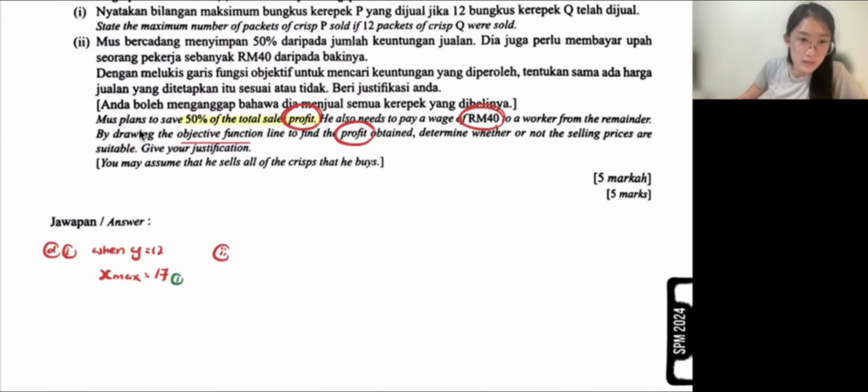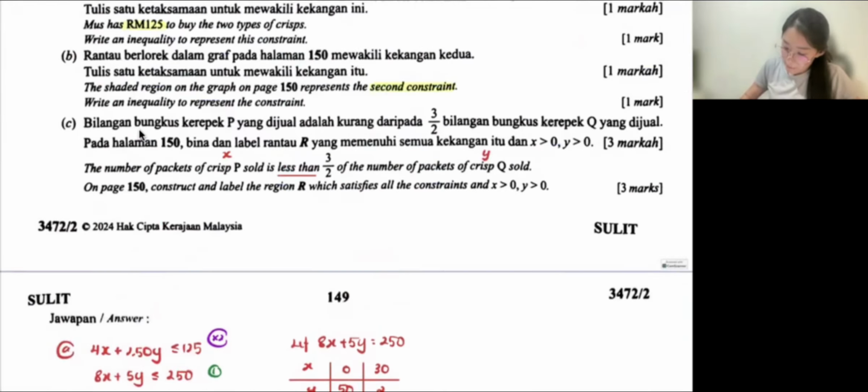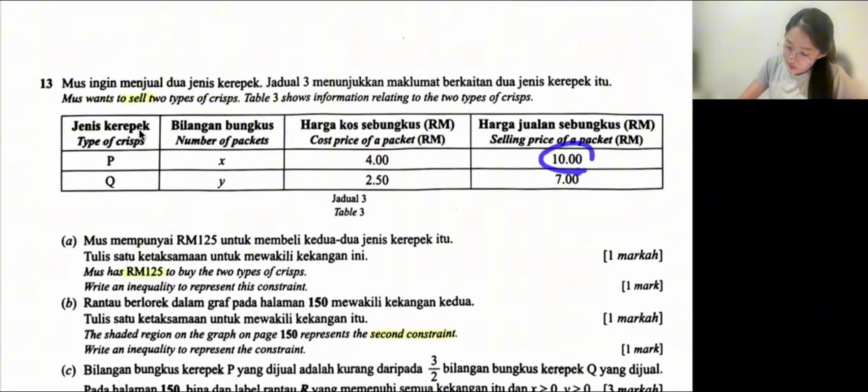Give your justification. Let us make an objective function regarding selling price first. For crisp P, 10 selling price minus cost 6 ringgit will be your profit. 7 minus 2.5, 4.5 ringgit. 4 ringgit 50 cents will be your profit.